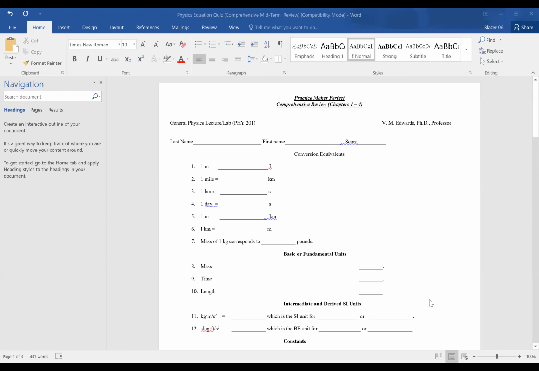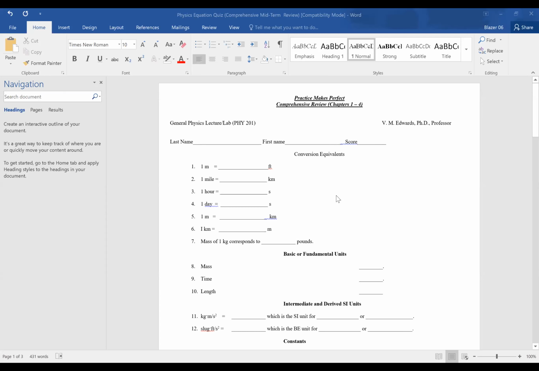Okay, so what I have for you here is the comprehensive review, chapters 1 through 4, that I want you to complete to use for the midterm exam.